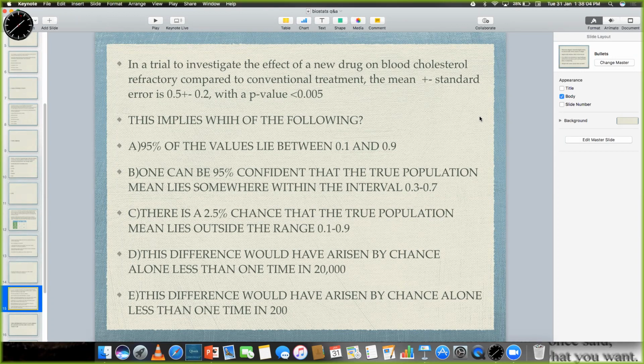Answers. Oh, there's one person who's come up with an answer, and she says B. Okay. It's B. Two people.